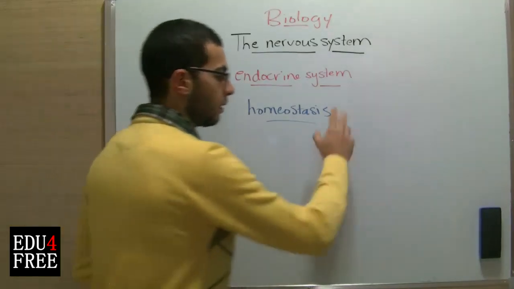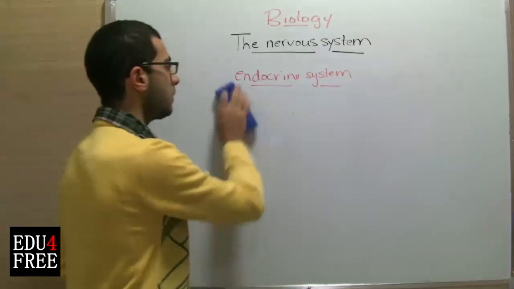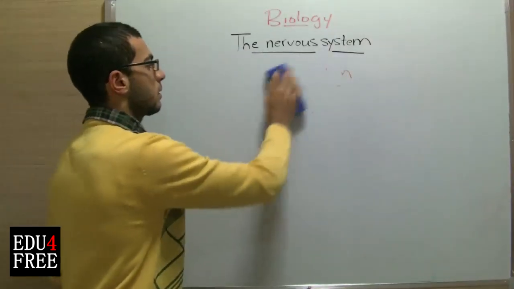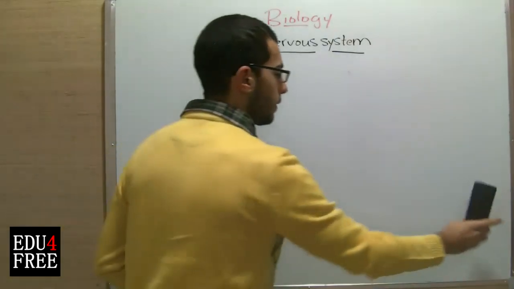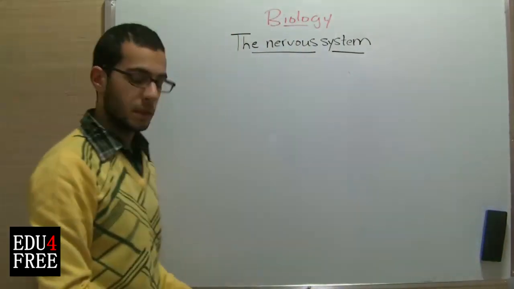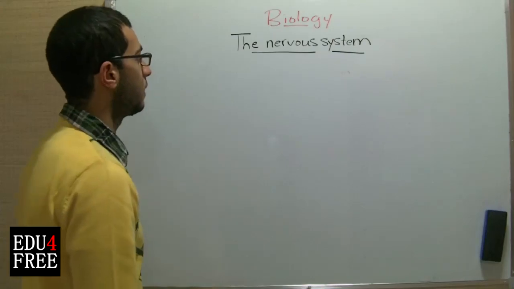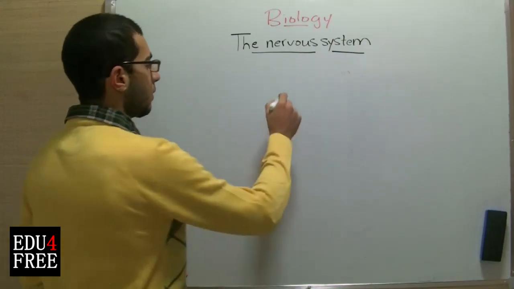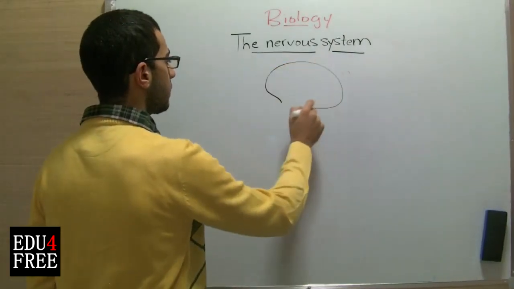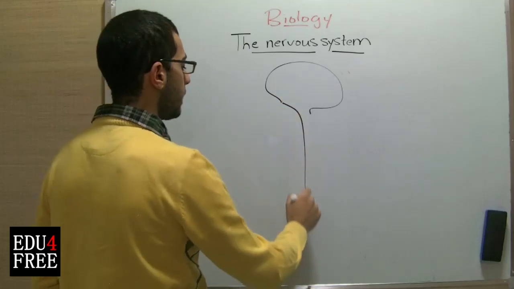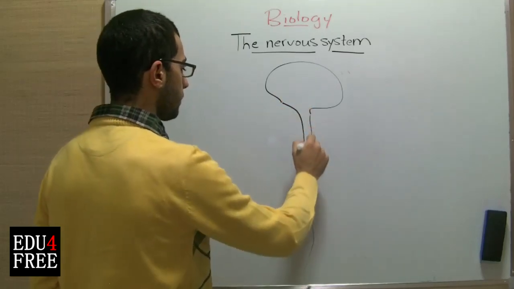Now, the nervous system consists of 3 subsystems. Let's see what we have in the nervous system. First we have the brain, and then we have the spinal cord.